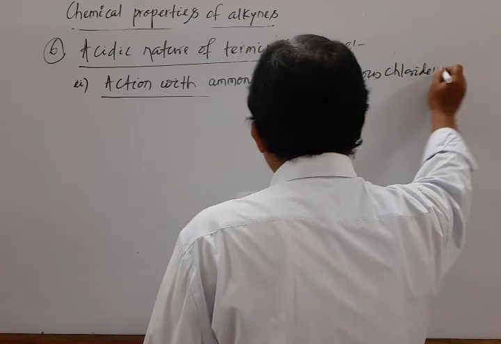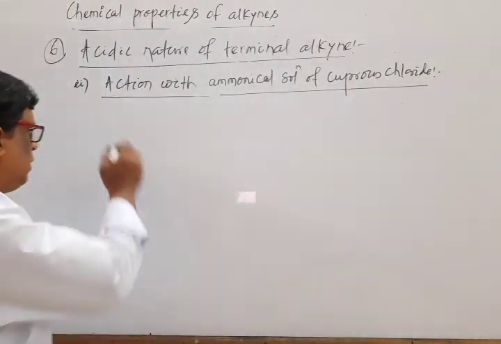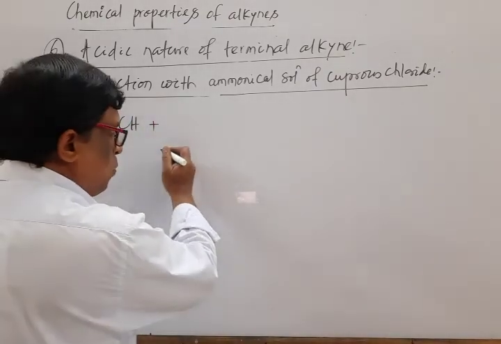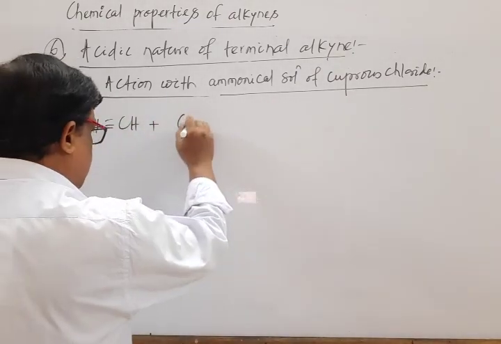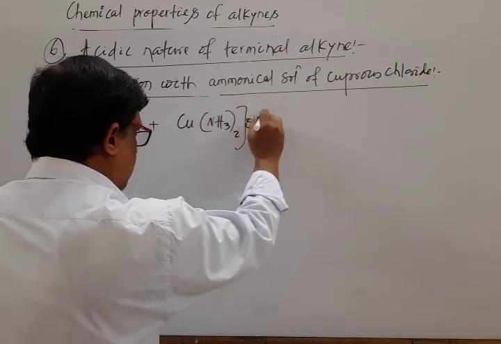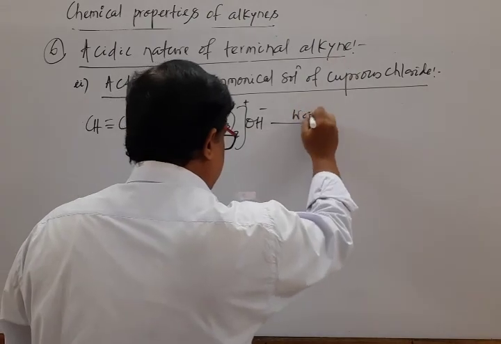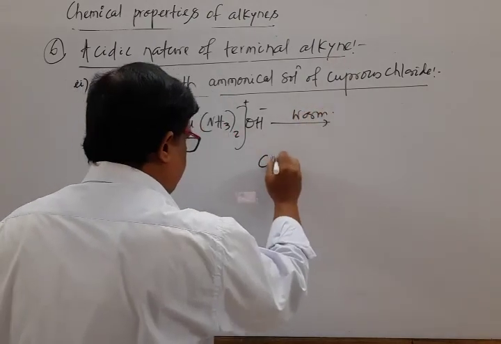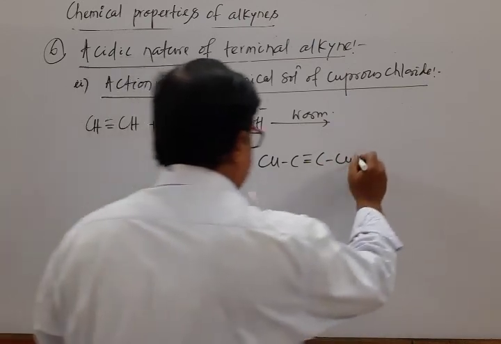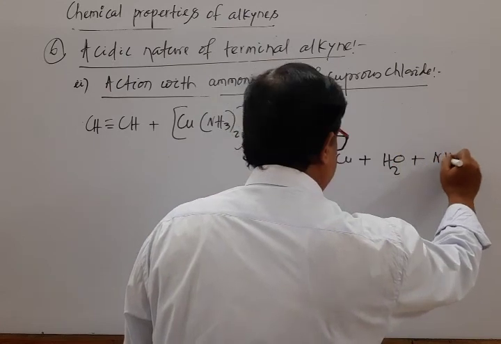First we write the equation, then we go through the statement. Mark that. Same example, acetylene, and the complex formula of ammoniacal solution of cuprous chloride, diamine copper hydroxide, warm. What is formed? Dicopper acetylide plus H2O plus NH3.